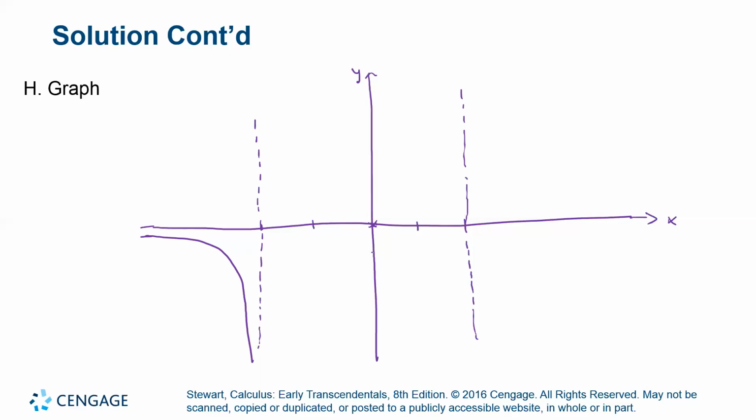Actually, it's concave down on this, and also from 0 to 2 it is concave down. So it's going to behave something like this. It's concave down like this. Now it is concave up.